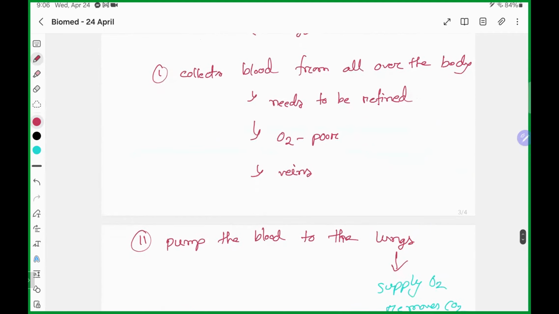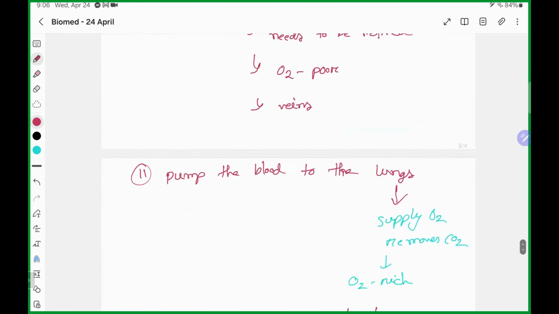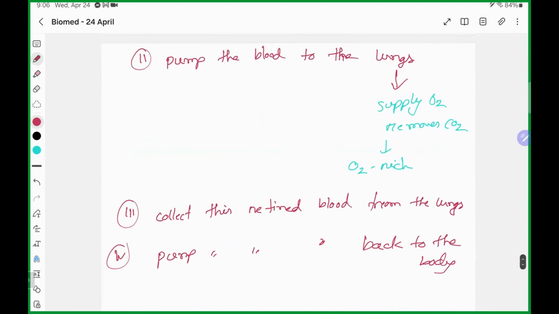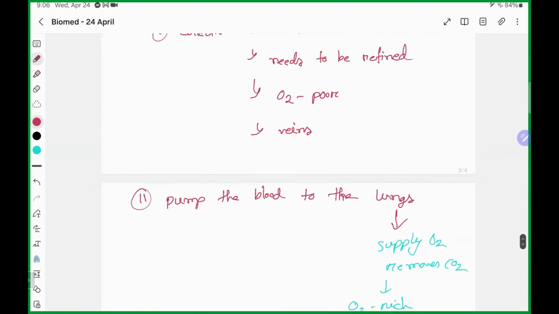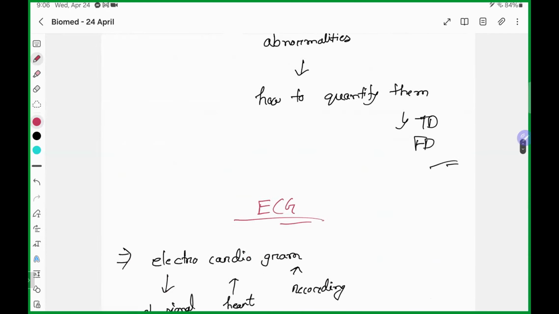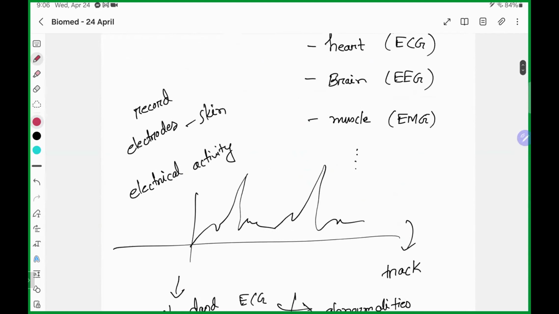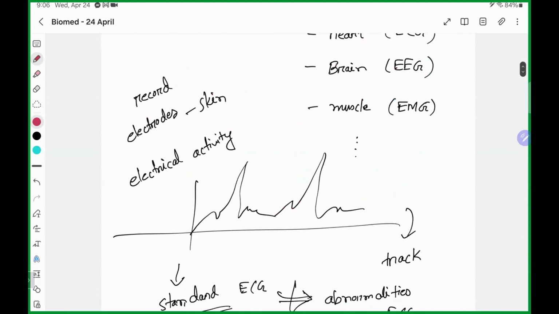It will collect blood from the body, it will pump the blood to the lungs, it will take the refined blood, and it will pump it again to the body. So these are the 4 things that will happen. And related to the 4 things, we'll get the ECG reading. In the ECG that we have seen a little bit earlier, we mark it in defined states, like this is called the PQRST complex, PQRSTU.